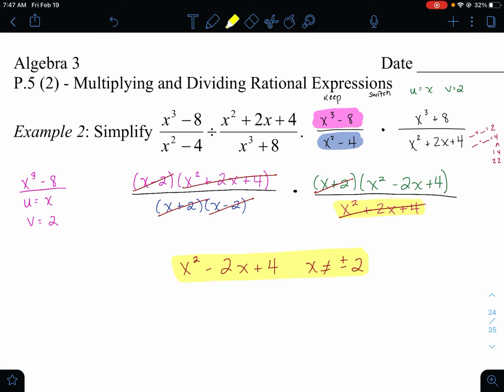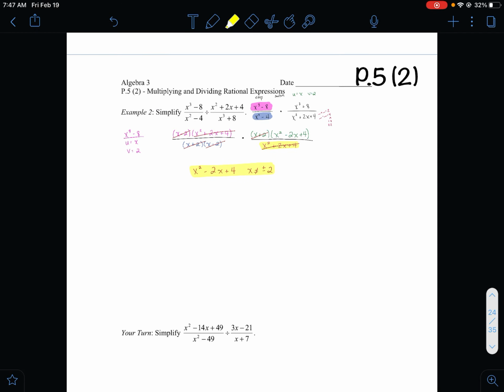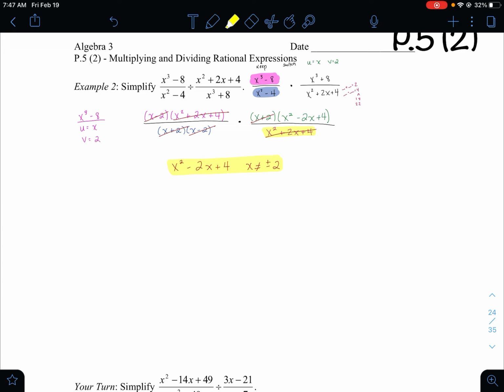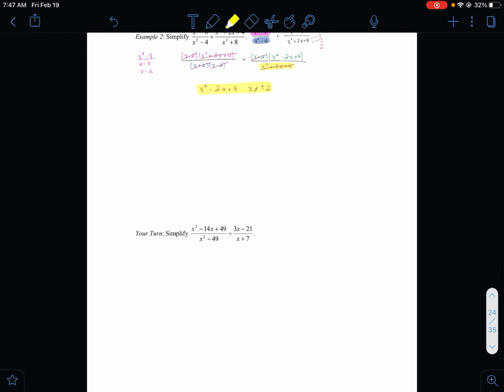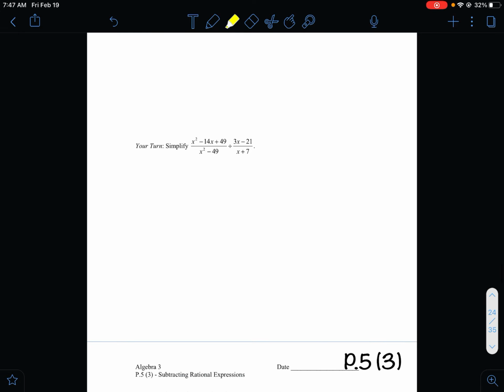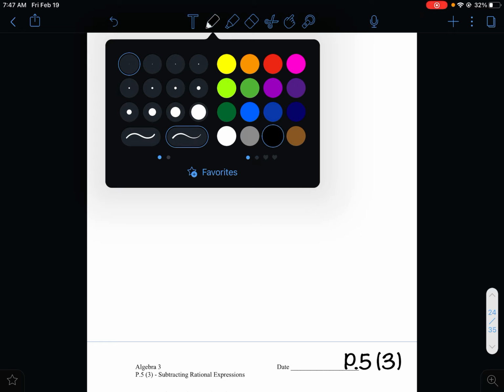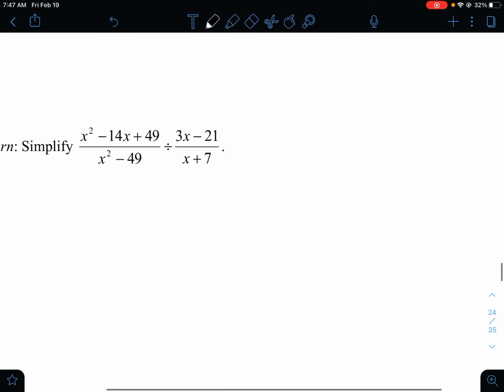Maybe I can make a second video in case you would like to see how to do that. Or remind me whenever we're back in school that I can go over quadratic formula with you guys on that. All right, and the last your turn again, I will write the answer down for you. That way if you want to practice it, see if you're doing it right, you end up getting 1/3 and x cannot equal positive or negative 7.